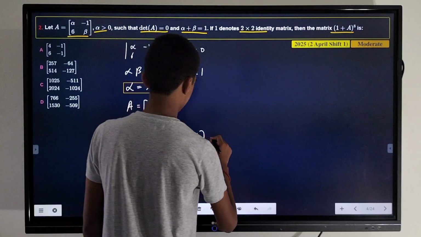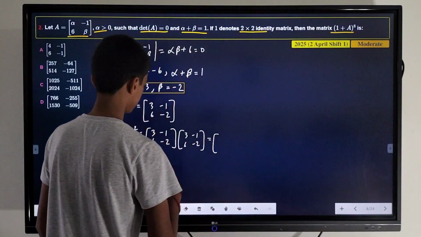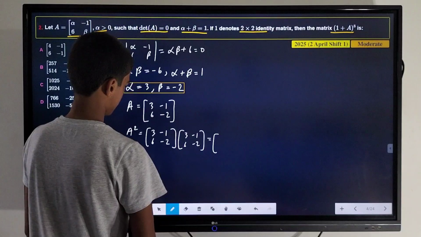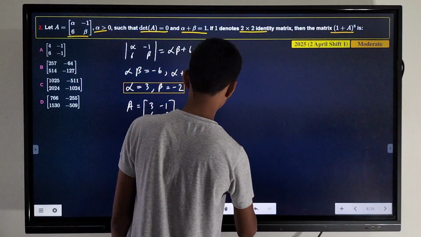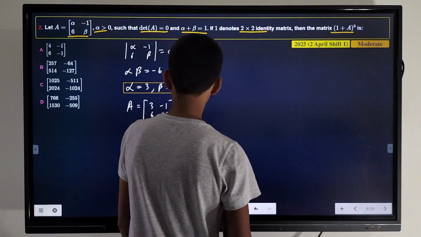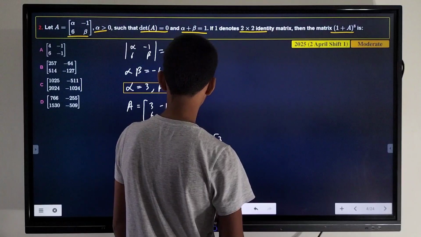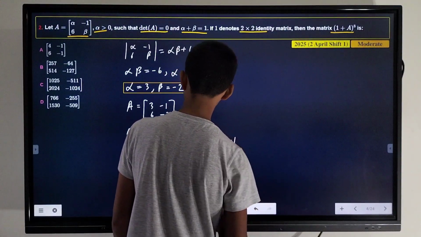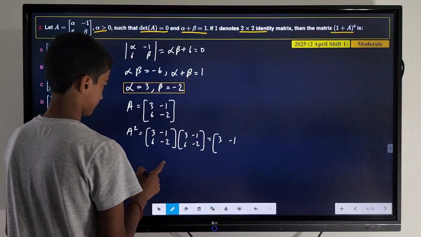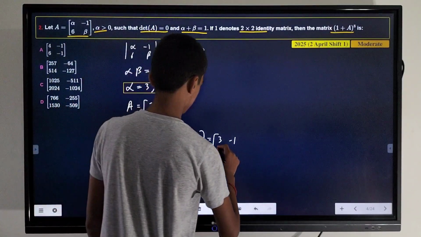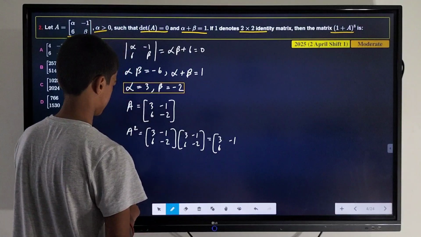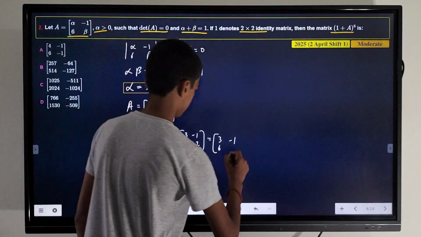So this is equal to 9 minus 6, 3 and 3 minus 3 plus 2 minus 1, 18 minus 12 and minus 6 plus 4.